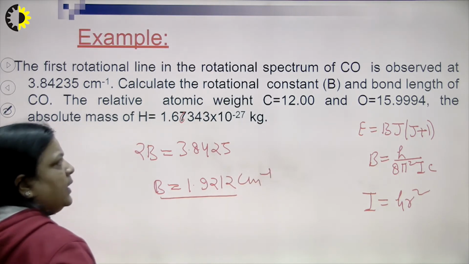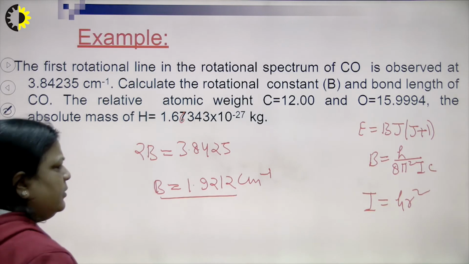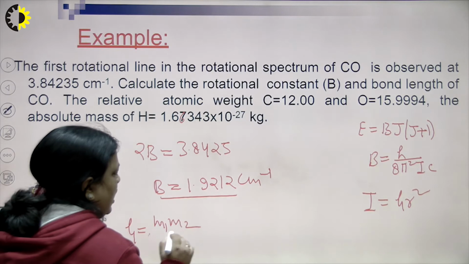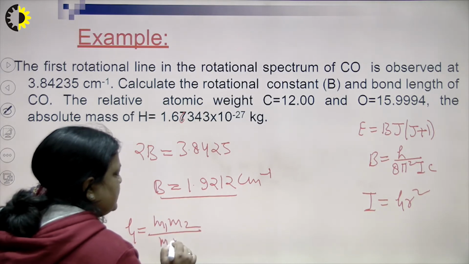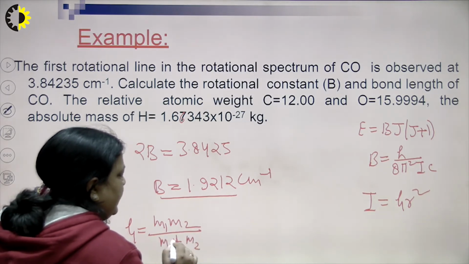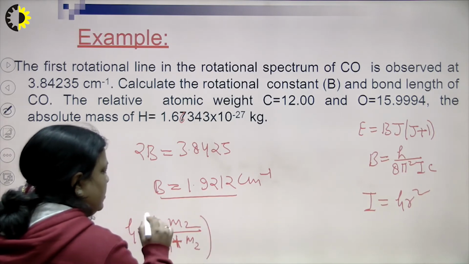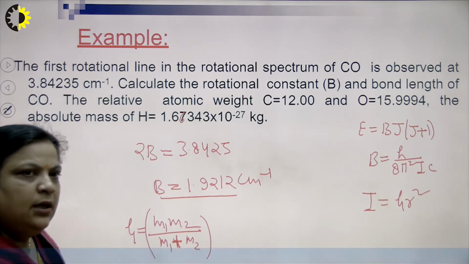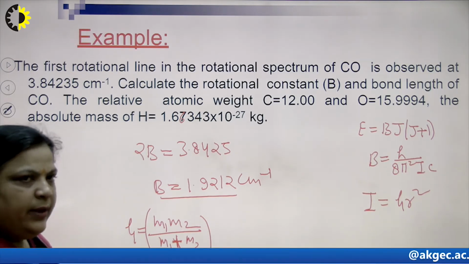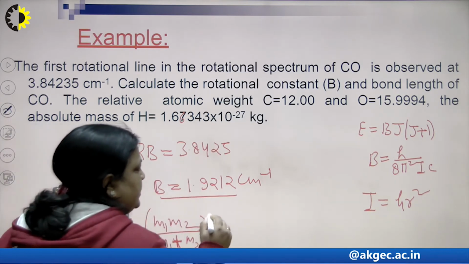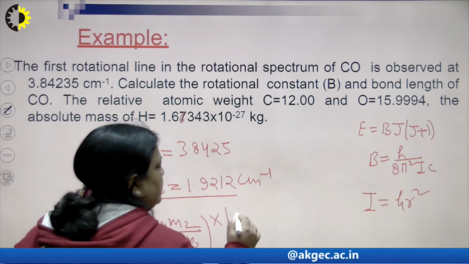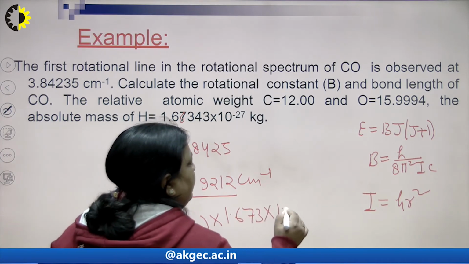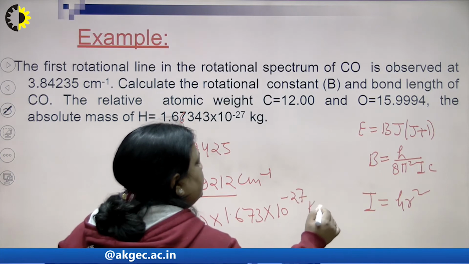Now, when we find mu, reduced mass is equal to m1 m2 upon m1 plus m2, either divided by Avogadro number to convert to kg. Avogadro number is in grams, so if we multiply by 10 to the power minus 3, it will be in kg, or multiply by 1.67 into 10 to the power minus 27 kg.